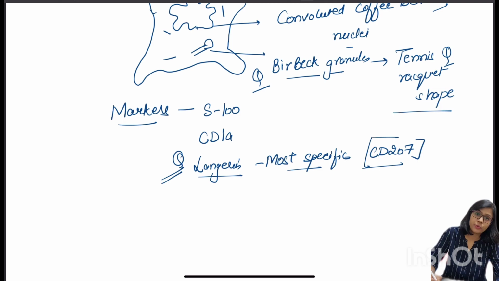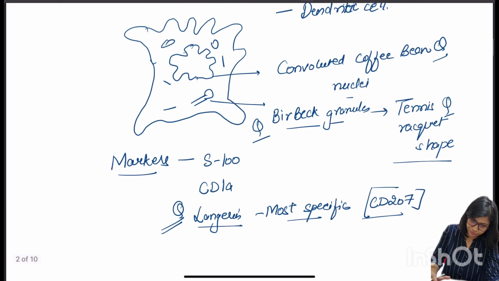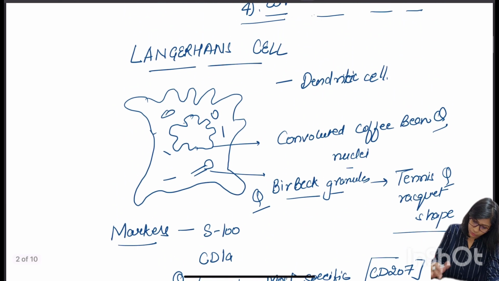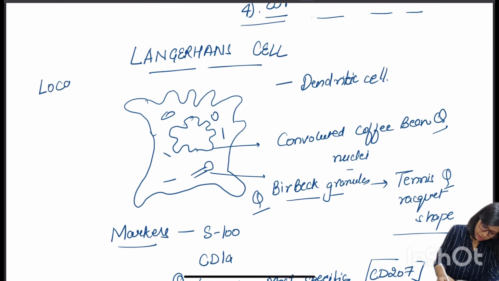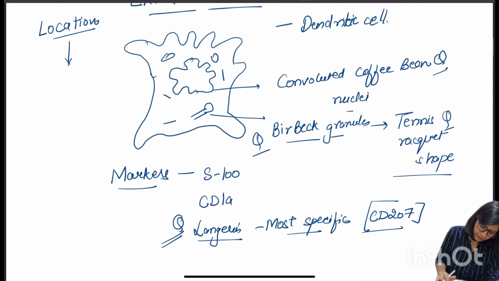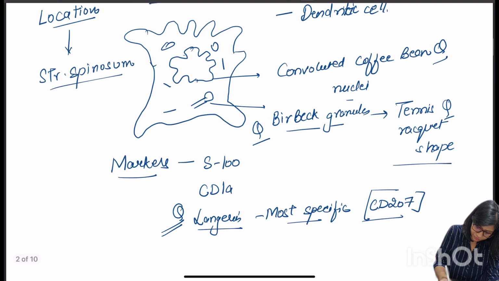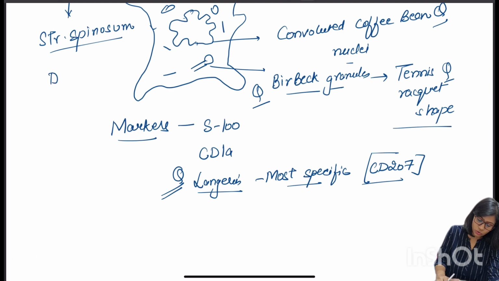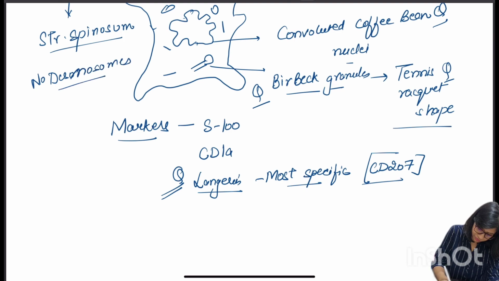Very important question. Okay. Now we have missed one thing. What is the location of Langerhans cell? It is present in stratum spinosum, right? And it has got no desmosomes.